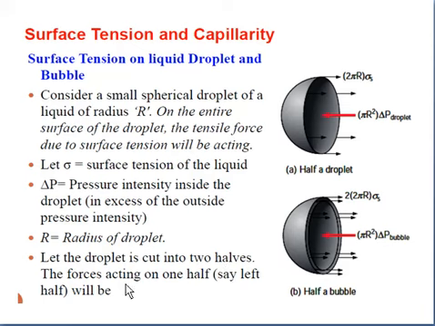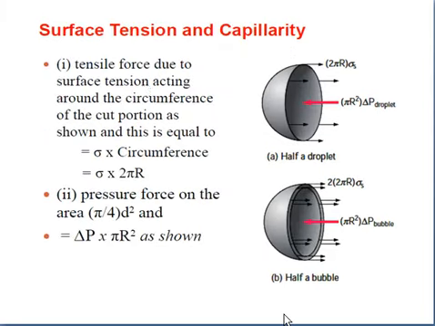The force acting on one half, say the left half, will be the tensile force due to surface tension acting around the circumference of the cut portion as shown, and this is equal to sigma into circumference.